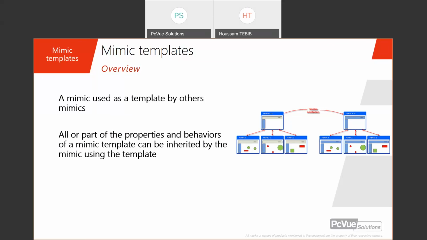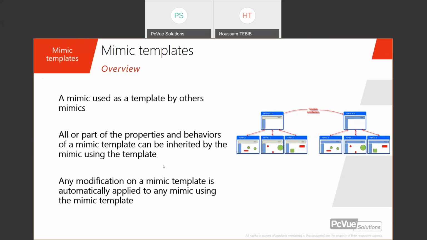Your new mimic can inherit from the template. And the really interesting thing is that if you modify anything in your template mimic, this modification is automatically and in real time applied to any mimic using this mimic template. So this is very powerful. If you create a template, then you can modify it, and instantaneously all the mimics using it will be modified.